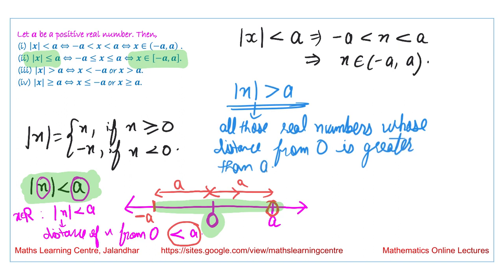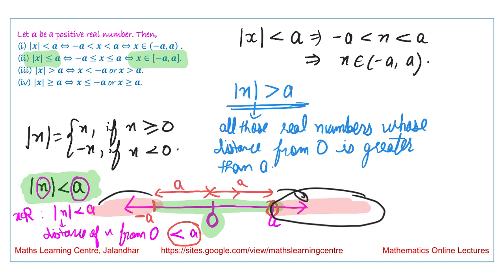So if we look at this number line again, we are interested in all those real numbers whose distance is greater than a. It means all the numbers after a and all the numbers before minus a will have a distance from 0 greater than a.